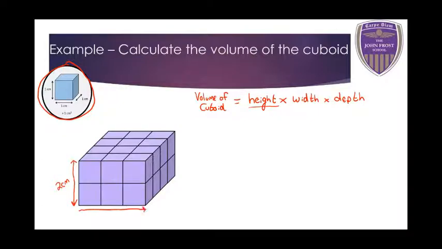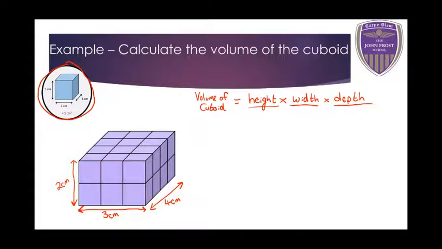I can see that it is 3 cubes wide, and 1 cube is 1 centimeter wide, so this shape has a width of 3 centimeters. And what about depth? If I count how many cubes deep this shape is, 1, 2, 3, 4, it's 4 cubes deep, and 1 cube is 1 centimeter deep, so this cuboid has a depth of 4 centimeters, okay?